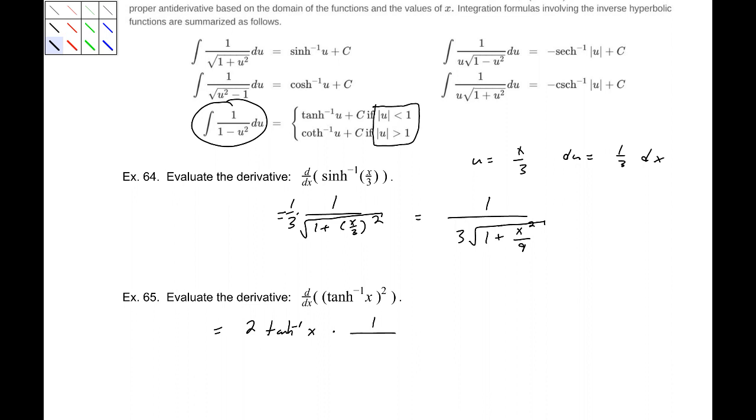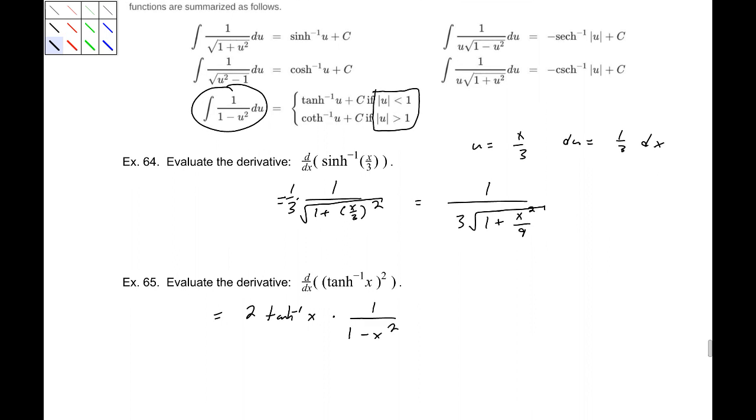And the best way to write that is probably just as one fraction, over 1 minus x squared. So if you see an integral like this where you have one that has its own derivative, a chain rule might be necessary.